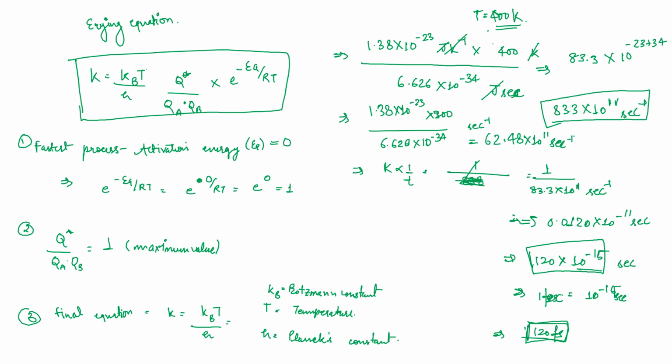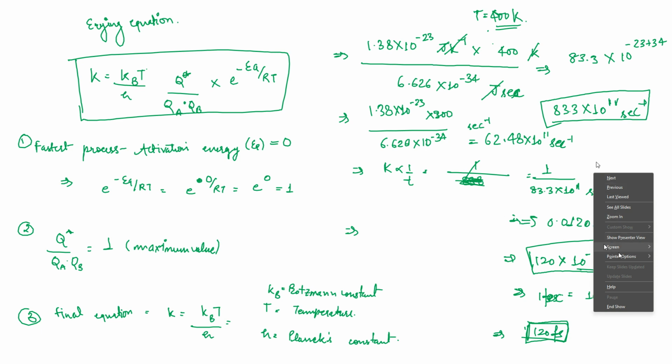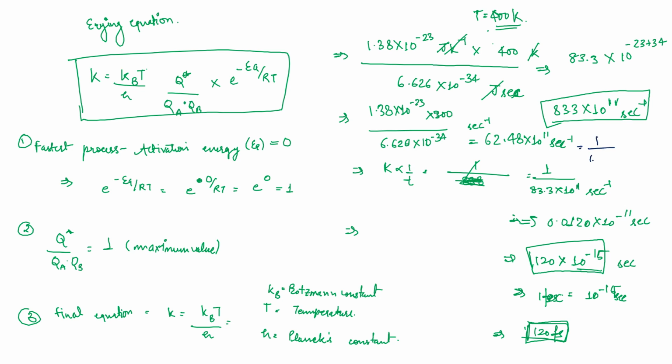And when you calculate the time constant from the same answer, it comes to be, in this case, I'll write it in blue color so that you are not confused, 1 upon 62.48 into 10 to the power 11, which comes to be 160 into 10 to the power minus 15 seconds, equals 160 femtoseconds, right?